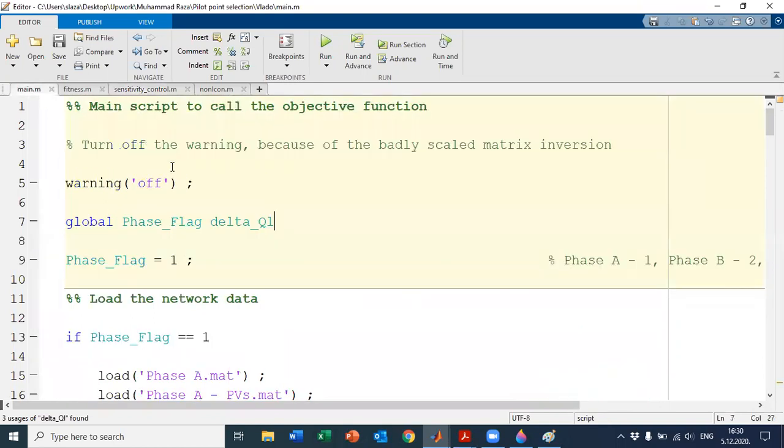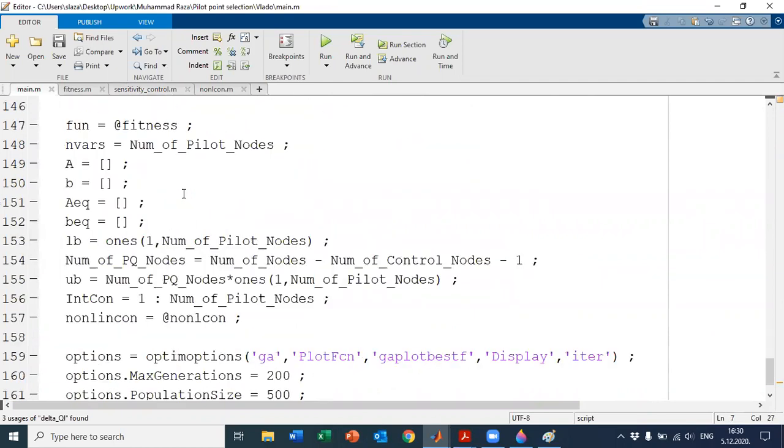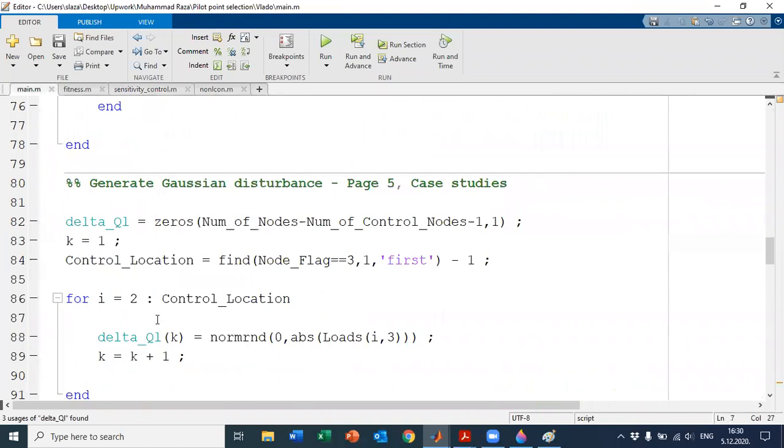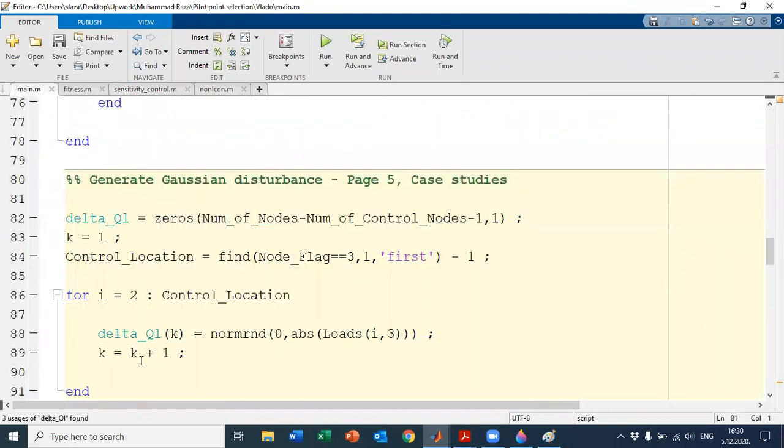So we're generating a Gaussian disturbance here, and we're using that value of disturbance throughout the whole process.